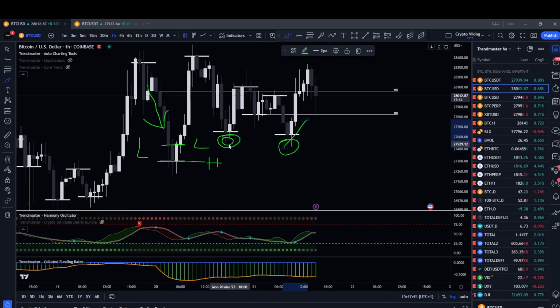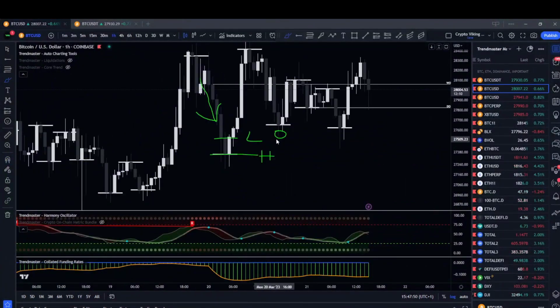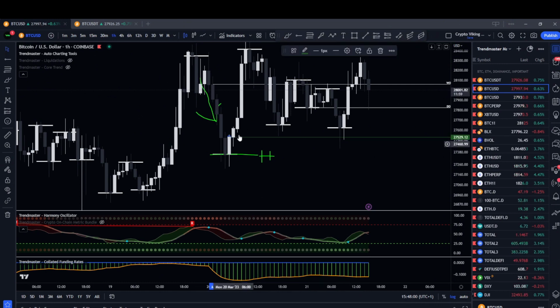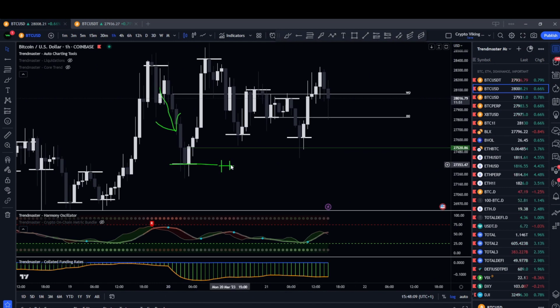So the priority until we break this level is to take longs. And this is how you use this to start identifying local price action for trying to take longs and shorts. So if you see that happening, you can then look to the right and say, okay, what's actually being tested? That's a pretty mean one. Probably wouldn't have caught it unless you were front running it. Here, this is the higher low structure that you're looking for.